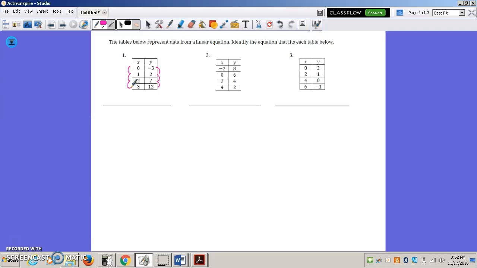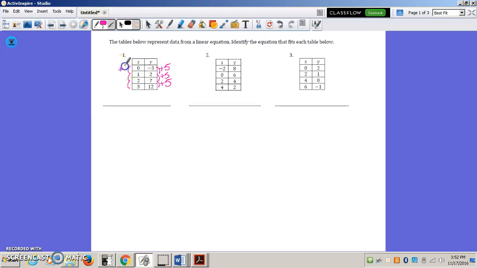What I notice here is that it changed from -3 to +2. Well, that's a change in 5. We also know from 2 to 7, that's a change in 5, and then that is a change in 5. So that tells us that it might be a linear equation, as long as our x column also changes at the same rate.